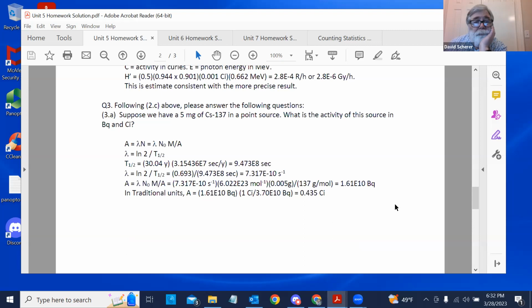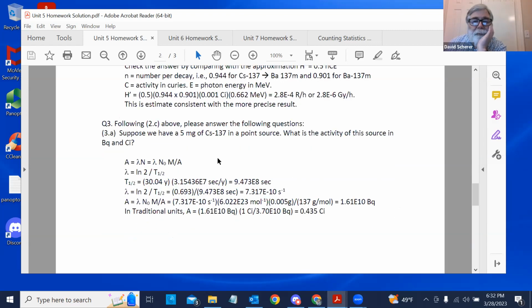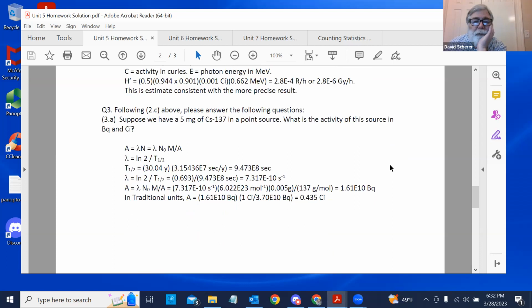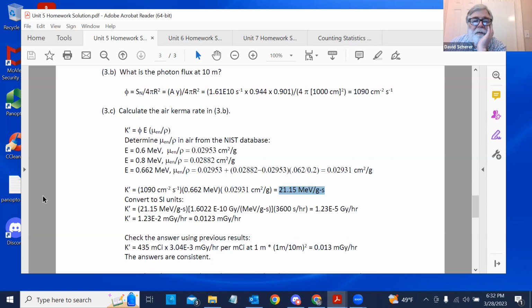Okay. Was that the end of the problem? I can't remember. Well, I converted it to other units besides MeV and grams and seconds. So the 1.6022 E minus 10 converts from MeV per gram to joules per kilogram.